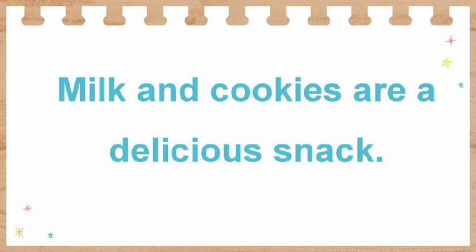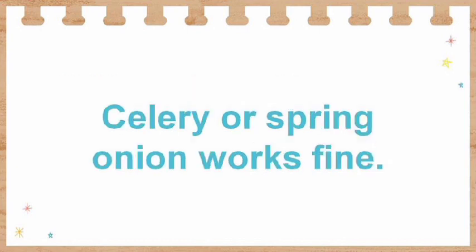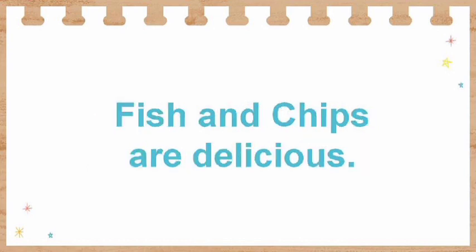So another example is celery or spring onion works fine. Fish and chips are delicious. These are the examples of our compound subjects.